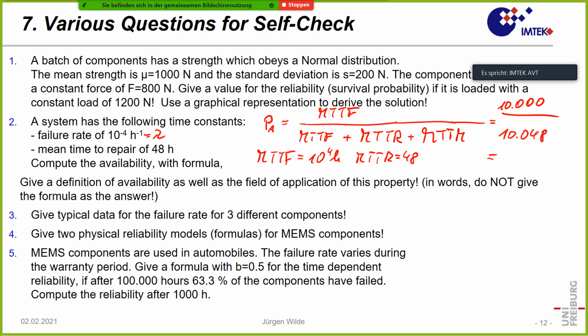That is roughly 5 out of 1,000, that is 0.5 out of 100. So it would be 99.5%. Let me take a calculator and recalculate it.